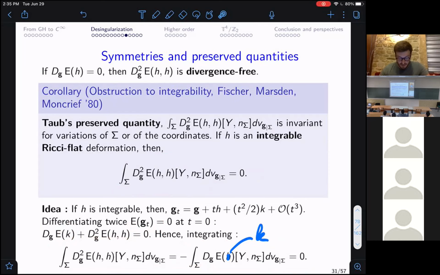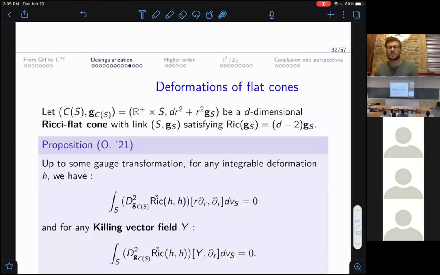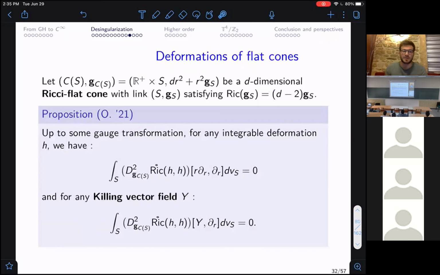So I wanted to extend it to the integrability of deformations of Ricci flat cones. So let's take a Ricci flat cone, looks like this, and it is Ricci flat. Well, there are very similar obstructions, but this time they are on the traceless part of the Ricci curvature.